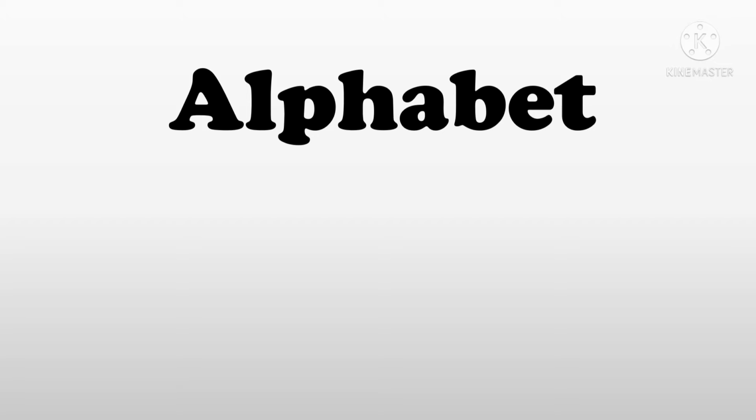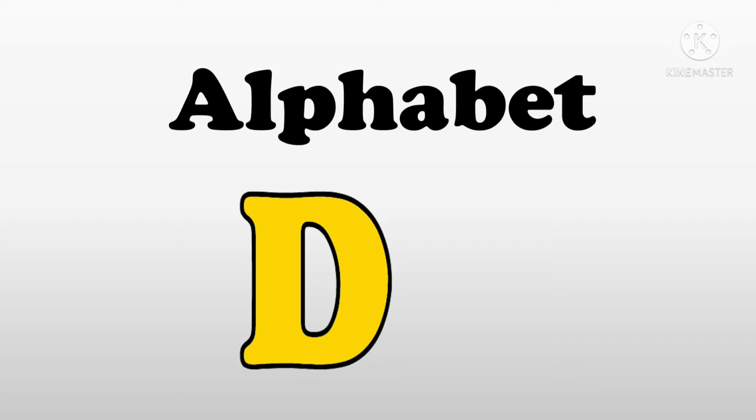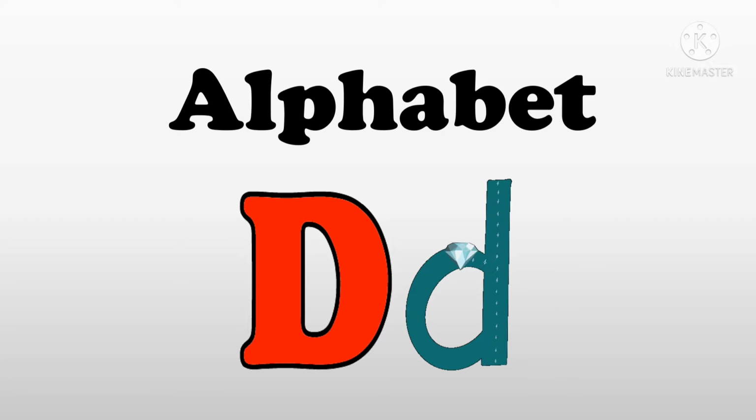Okay, can we say A, B, C, D? Alright, D is the fourth letter of the English alphabet. D. This is the letter D. We have the big D and we have small d. Again, this is letter D. Very good.